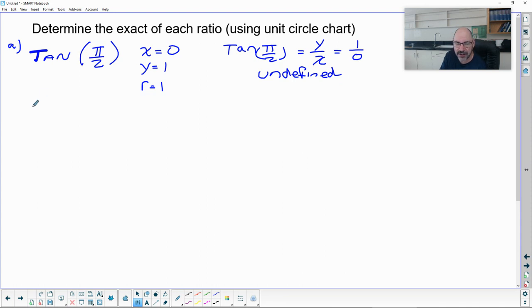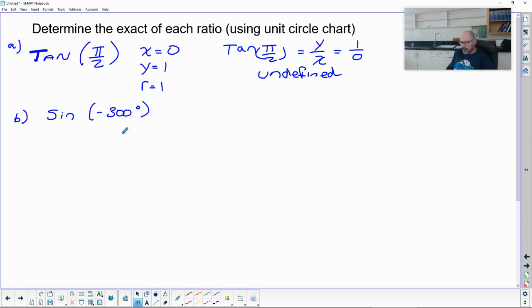Let's do a negative value. Say I have sine of negative 300. We're going to do degrees this time around. The first thing you've got to do is figure out where negative 300 is on the unit circle.